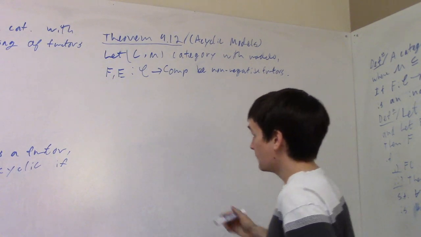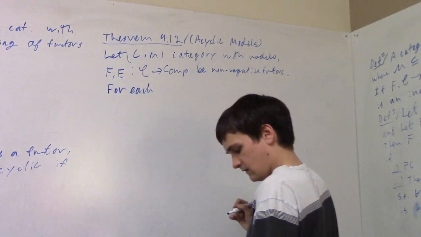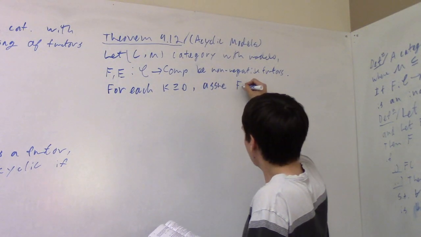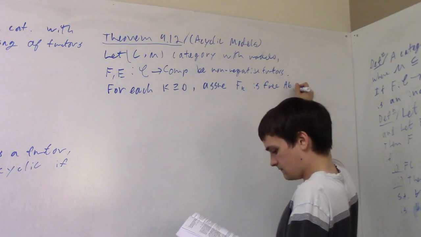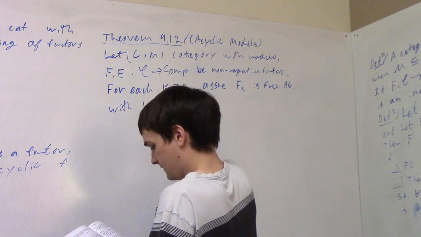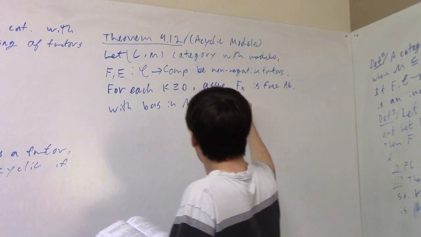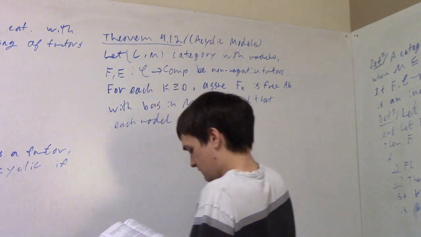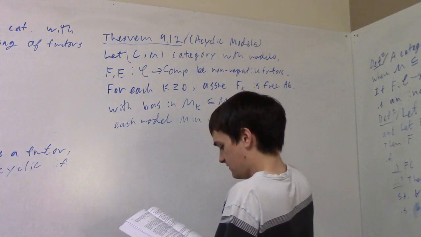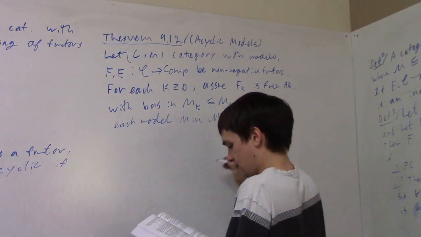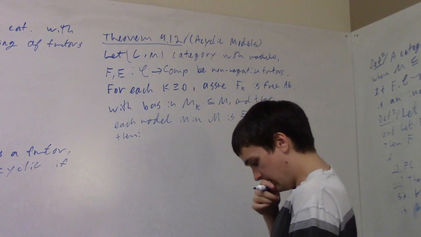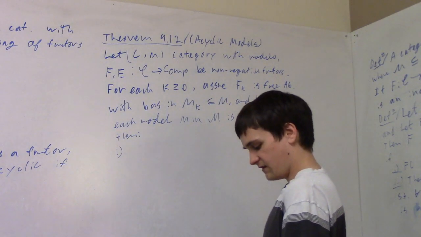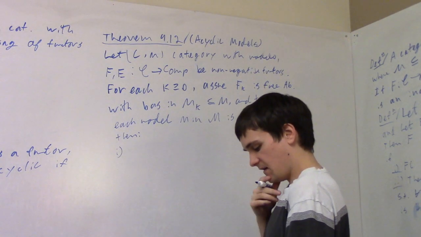Alright, so then for each k greater than or equal to 0, assume that F sub k is free abelian with base in M sub k, a subset of M, and that each model M in M is E-acyclic. Then one, for each natural transformation phi from H naught of F to H naught of E, there's some natural chain map tau from F to E over phi.